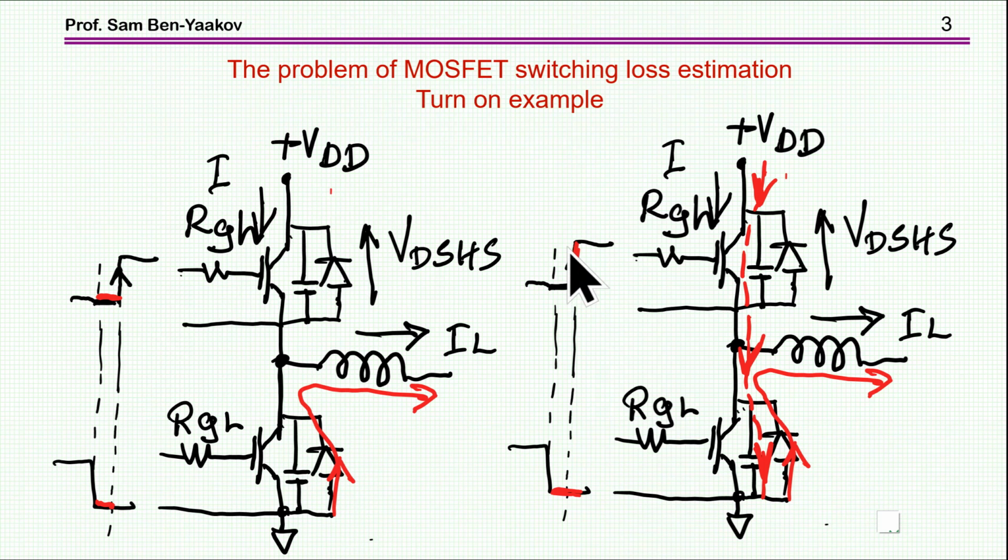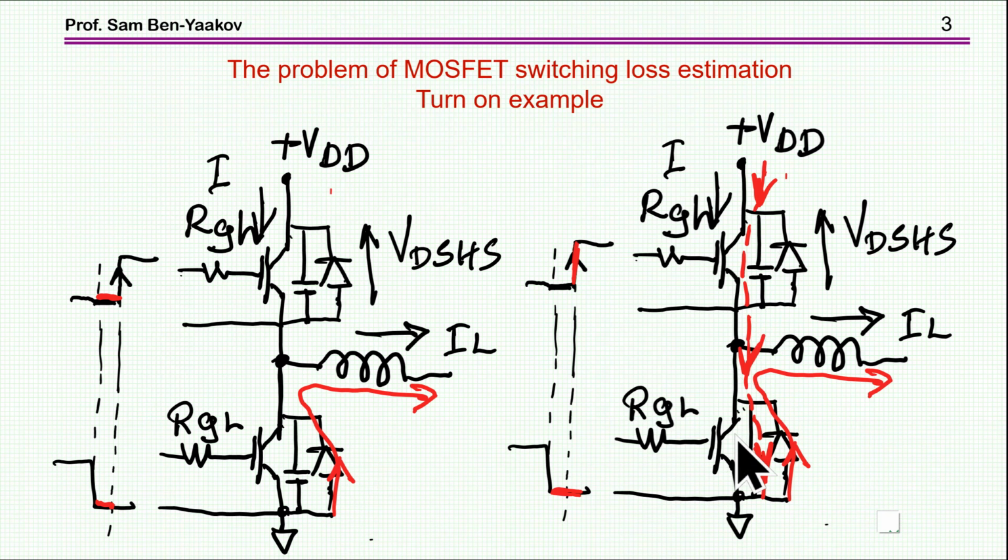Now we turn on the transistor and current is starting to flow here, reducing the current of the diode until the point that the current is equal to the inductor current and the diode current is zero, and then there is a commutation of the voltage between the low level to the high level, which means that the voltage across the upper side high level transistor is going from the full voltage to about zero when the transistor is conducting.